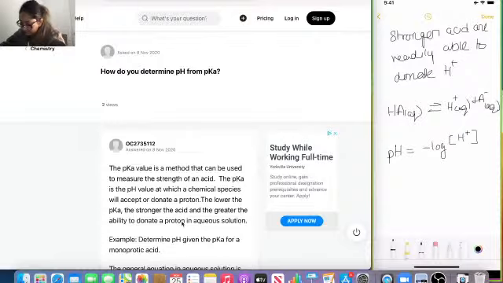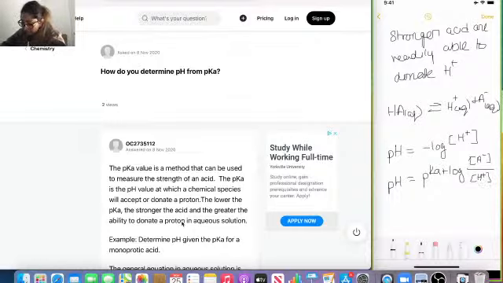Okay, and to calculate pH from pKa, pH would equal pKa plus log of the concentration of your anion, A negative, over your H, your proton.